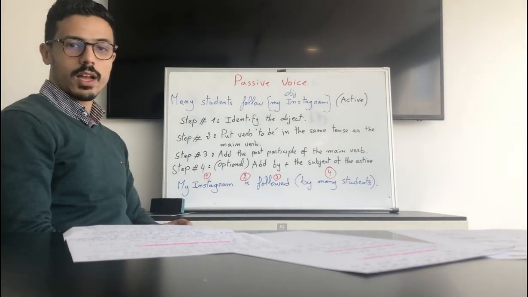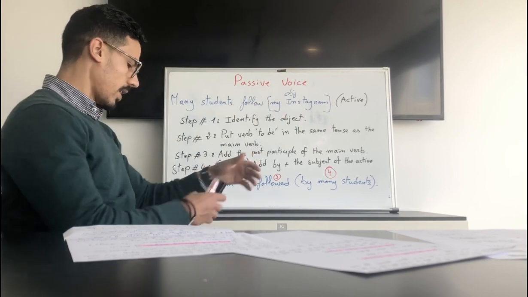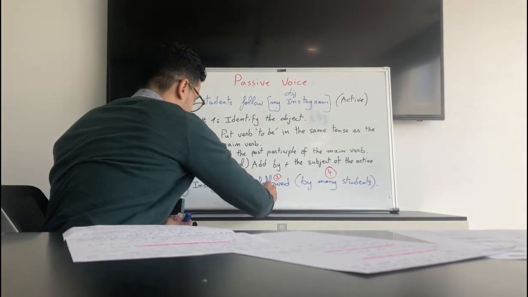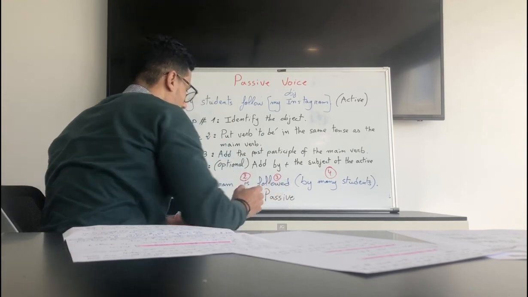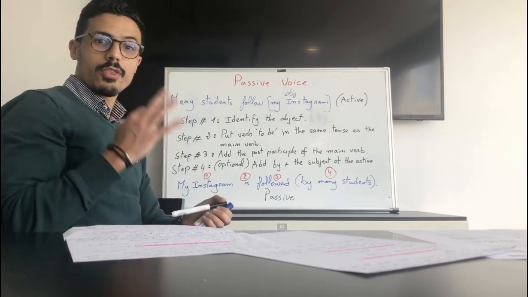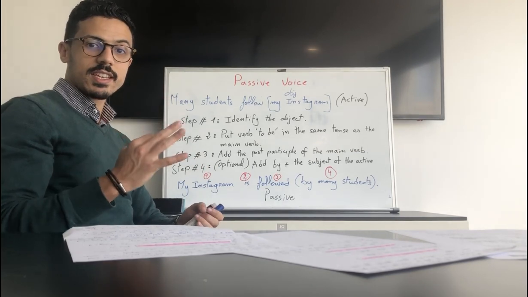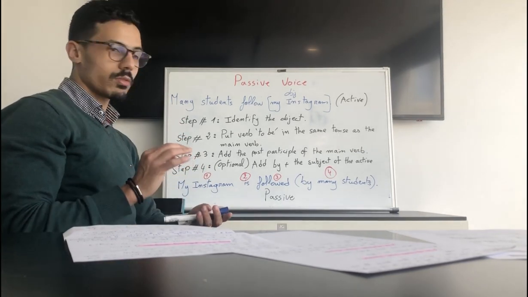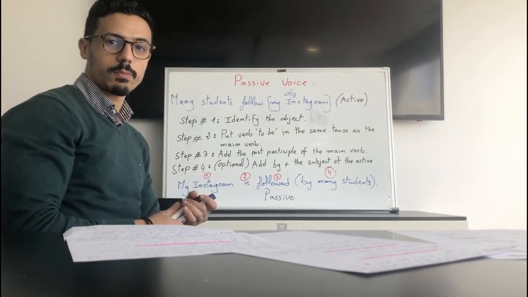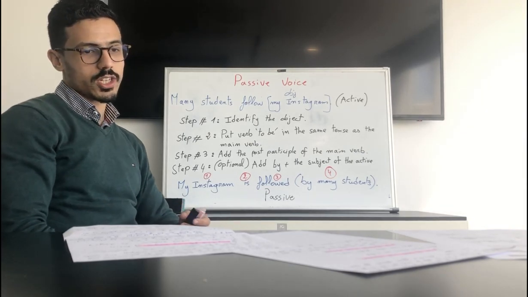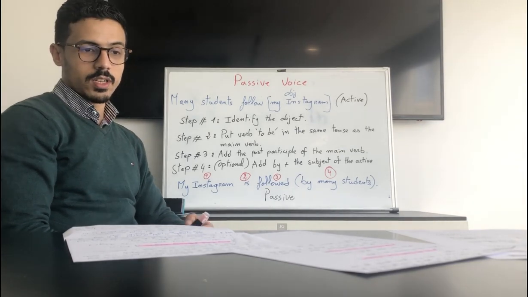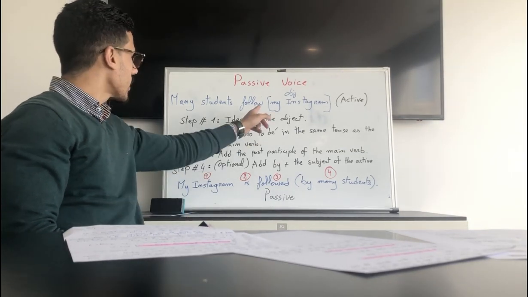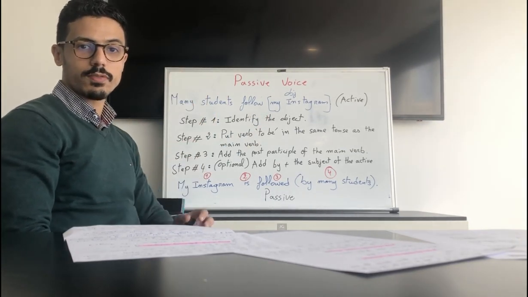So the sentence was changed from active, as you can see here, to the passive form. 3 steps, very easy. You have to follow them. Try not to make mistakes in them so that the sentence comes out correct in the passive voice. Now the question is: on the day of the exam, will all the sentences be in the present tense?